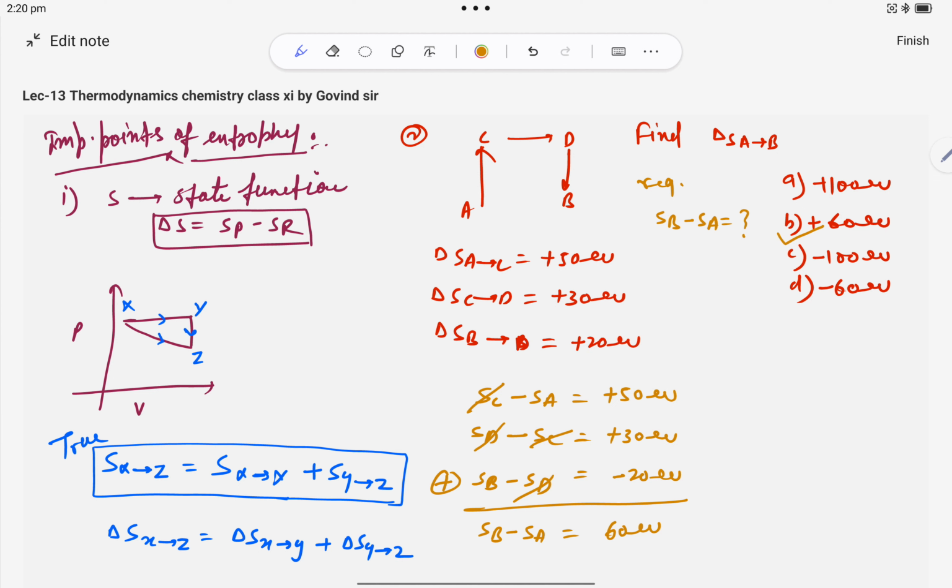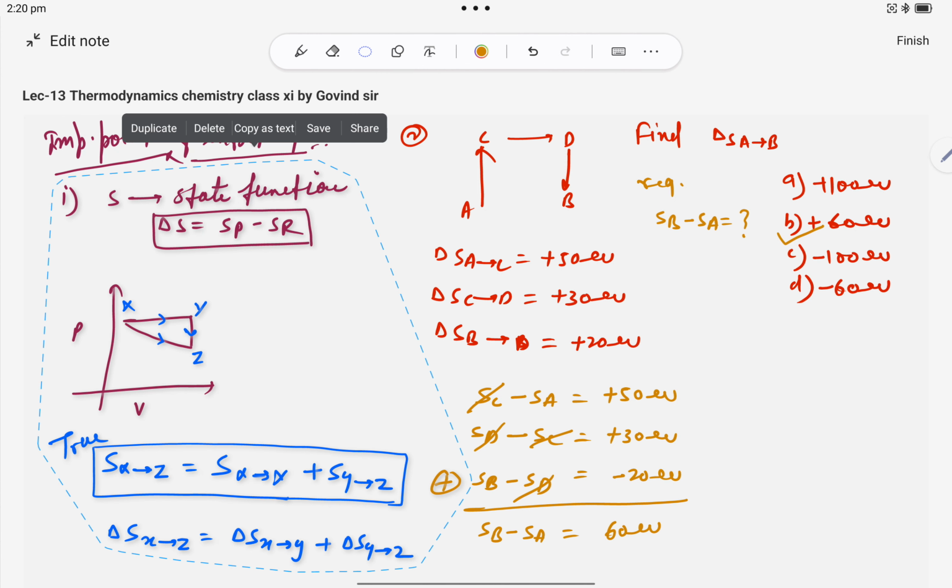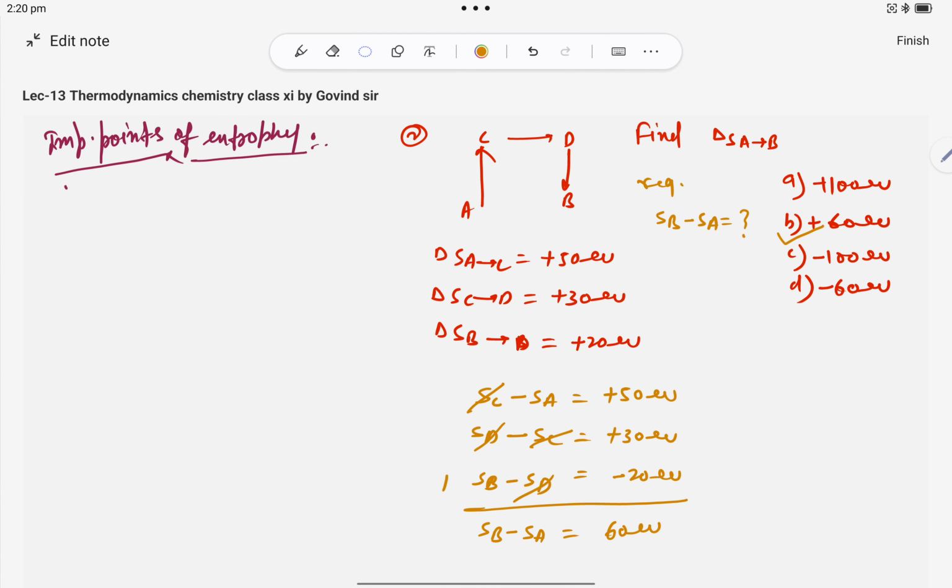Okay. So like that. In that case, mathematically, delta S is equal to delta Q upon T. It is represented. T is constant temperature.